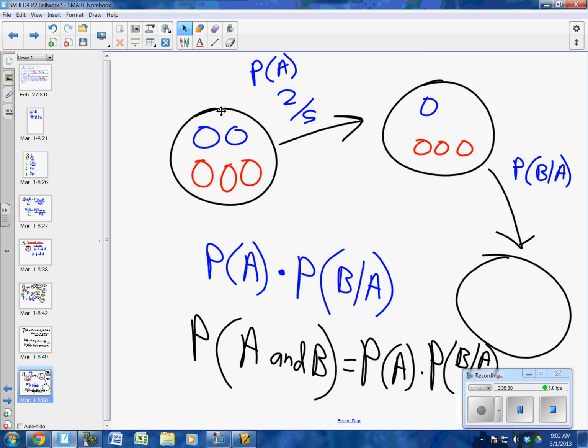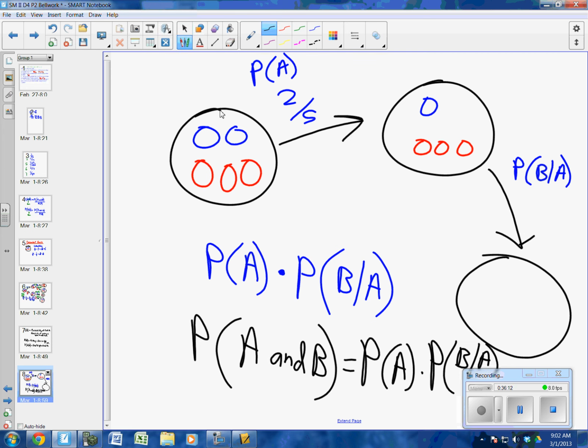Okay, so we have this equation. Now, how does this equation look like these two equations I wrote down on your objective? What's different? What do I need to do to get it to look like that? Yep, divide by P of A. That's exactly right.